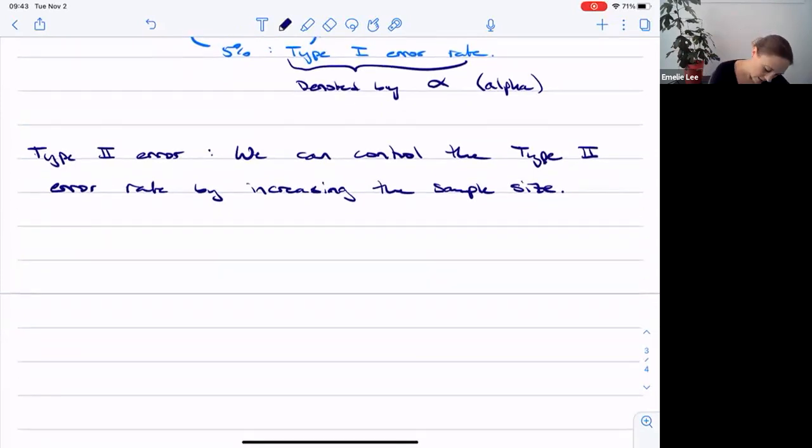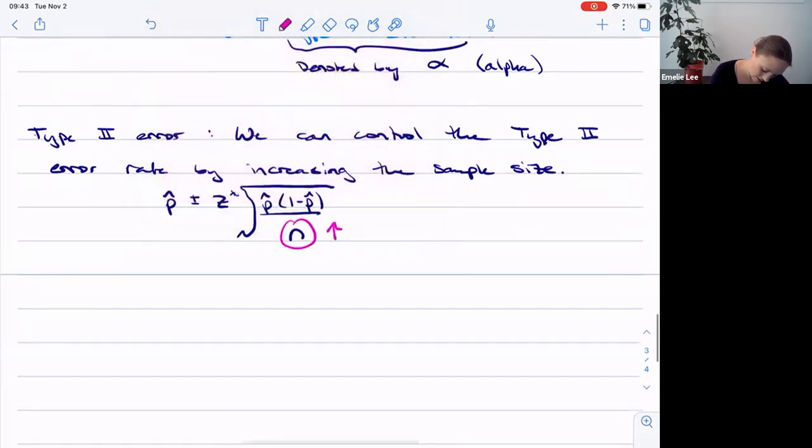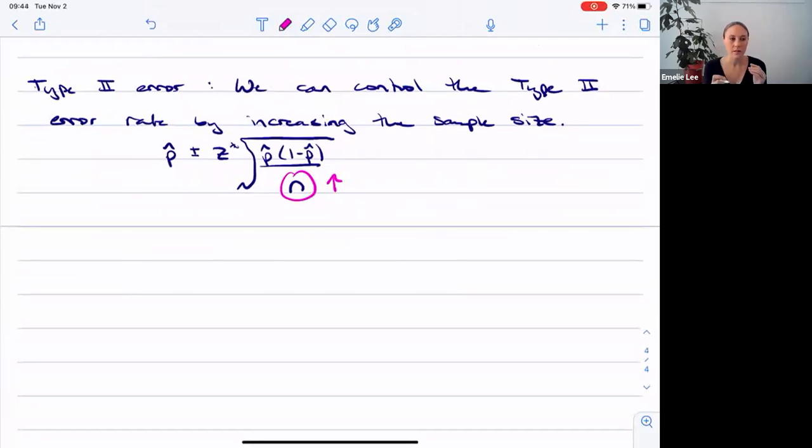Okay, and so if we look at our interval, p hat plus or minus z star times the root of p hat (1 minus p hat) over n, if I increase n, then what happens? Well, the p hat, I've already collected my sample, so it gets weird. I can't really change the sample size, but in theory, if I increase my sample size, the sample proportion would kind of hold steady, right? We know it hovers around some value, so that's not going to change.